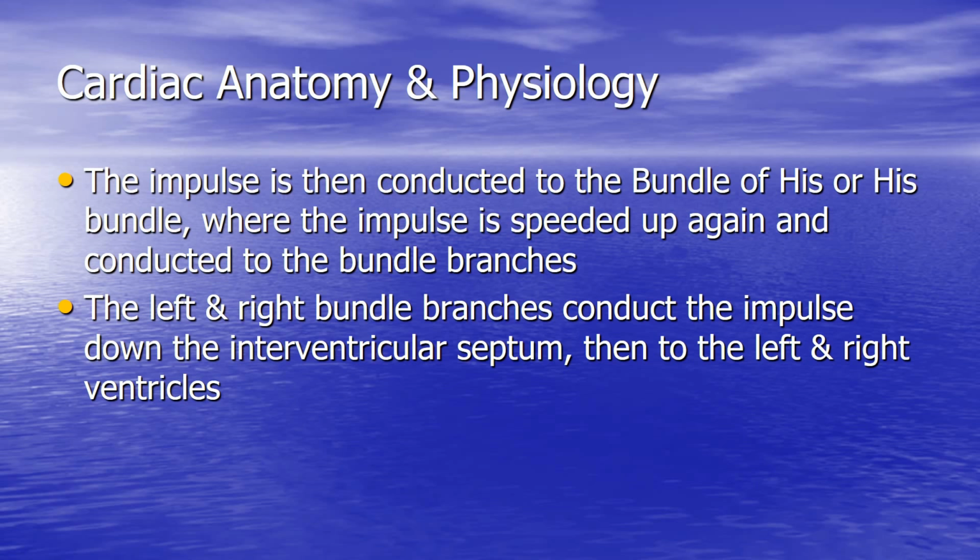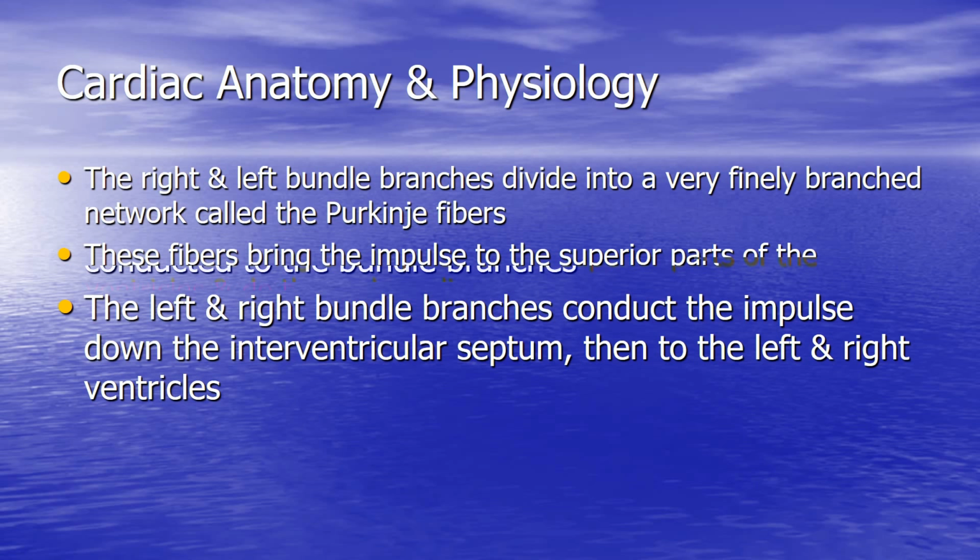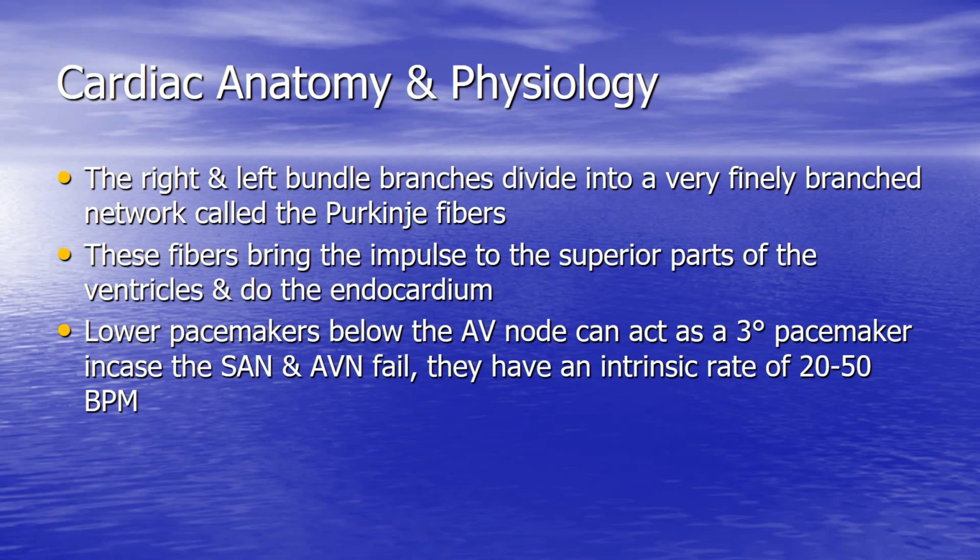Notice that the impulse goes down the interventricular septum and starts to contract the ventricles from the bottom up. The most efficient way to get all the toothpaste out of the tube is to squeeze from the bottom up. In a similar fashion, the best way to get the most blood out of the heart is to squeeze the ventricles from the bottom up.